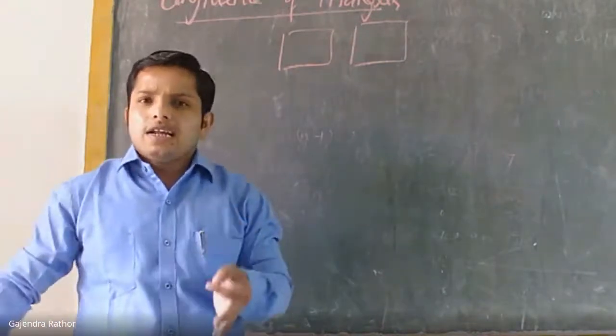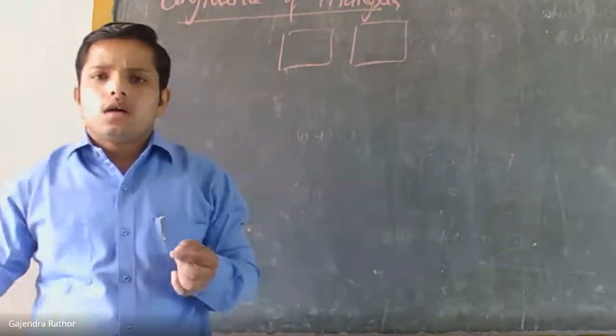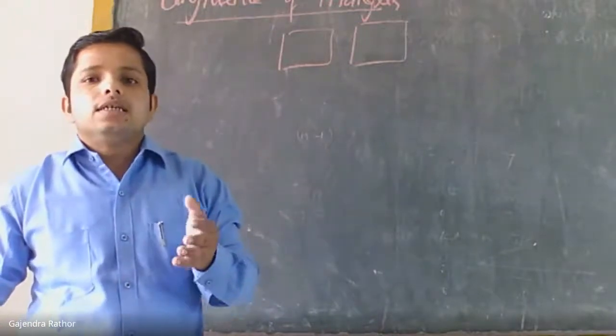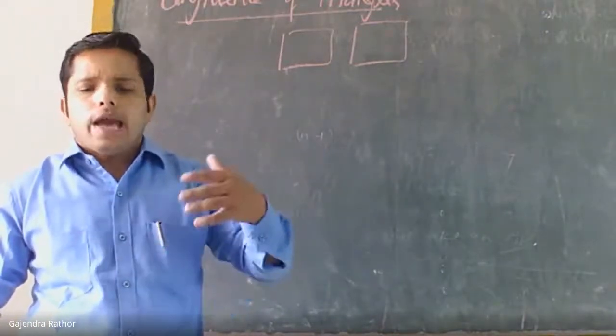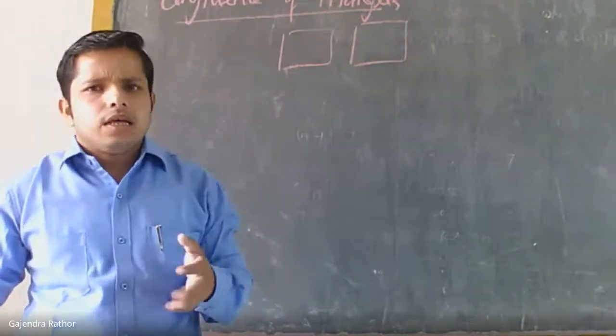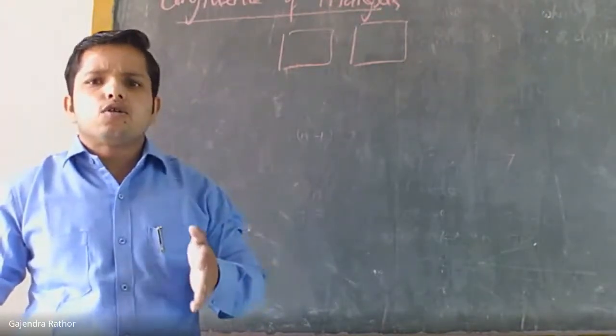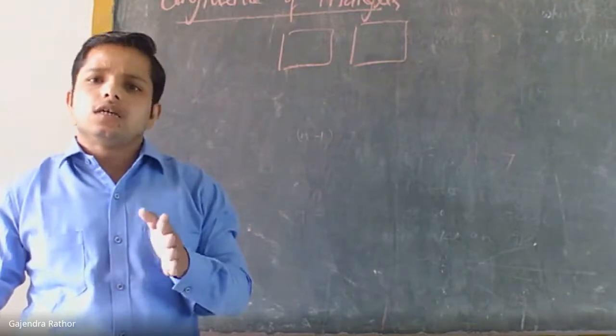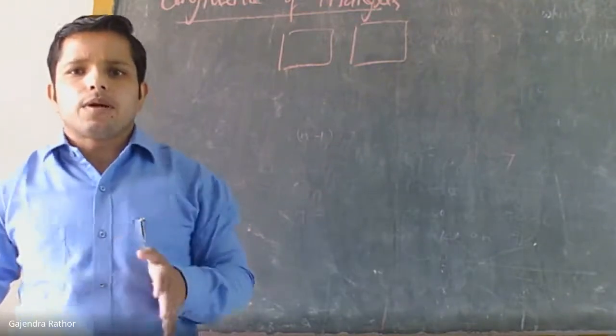There is only one condition. If the shape and the size of any two figures are the same, then they will definitely be congruent to each other. Shape and size must be the same for this property.